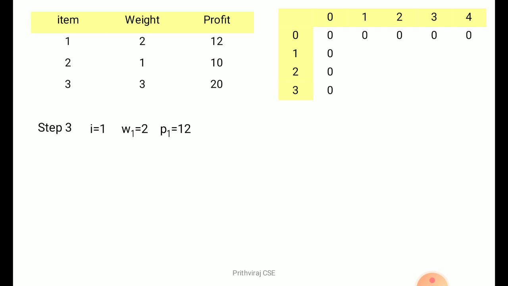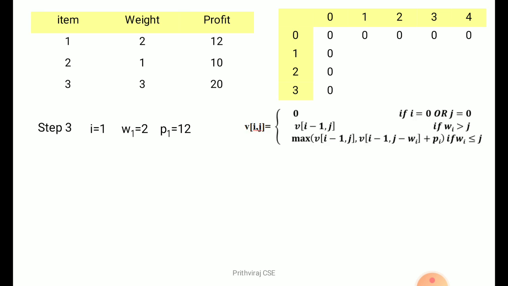Step 3. Let us start from i equal to 1. If i is equal to 1, then W1 is equal to 2, P1 is equal to 12. You have to use this recurrence relation to solve the problem. First we have to compute V of 1 comma 1. Let us take j equal to 1.